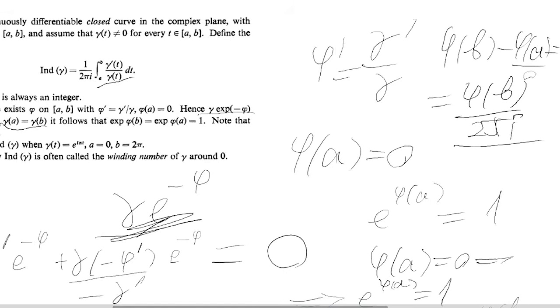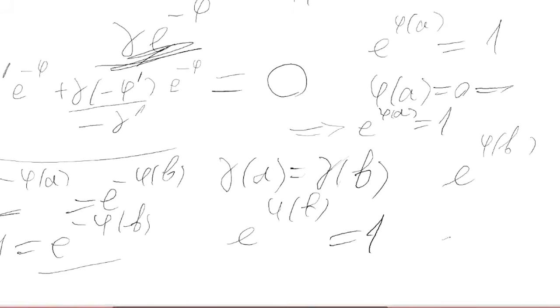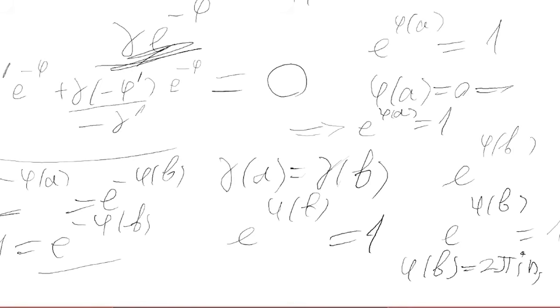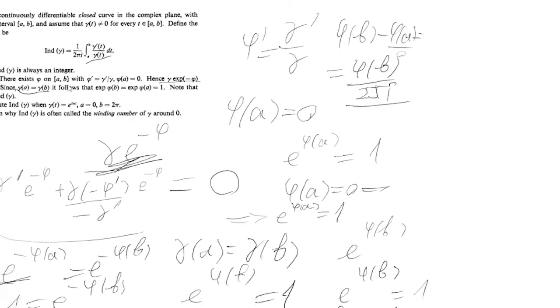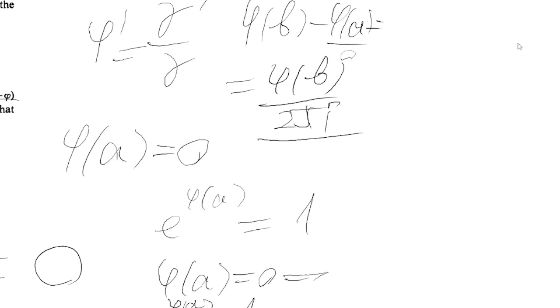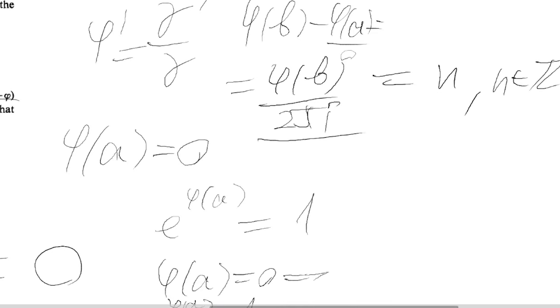Now again, recall how e to the power of phi of b is equal to 1. This implies that phi of b is equal to 2 times pi times i times n, where n is an integer. And now coming back here, this is gonna be just n, where n belongs to the integers.